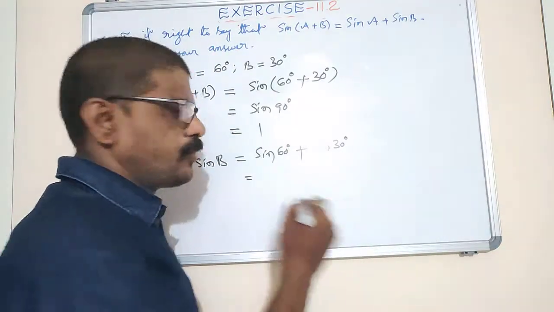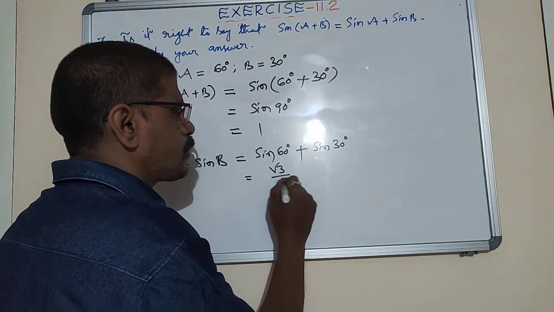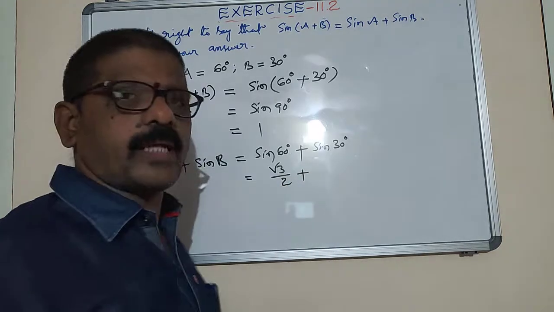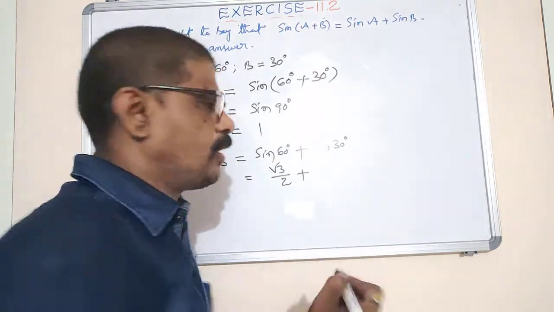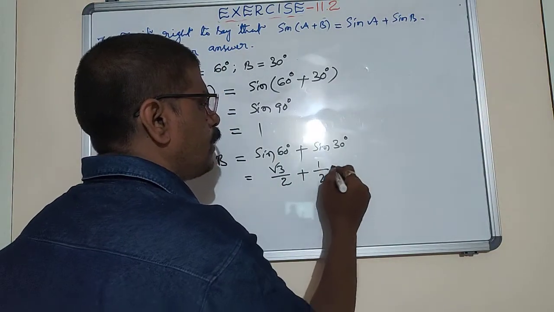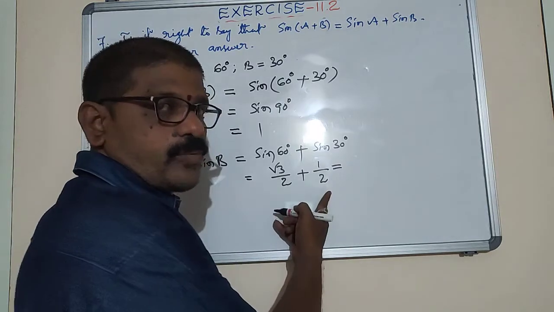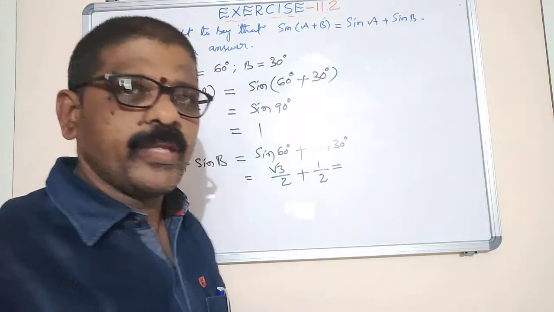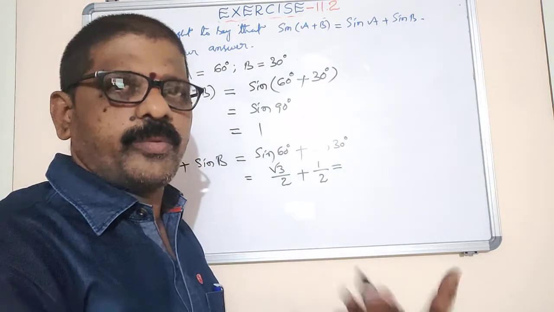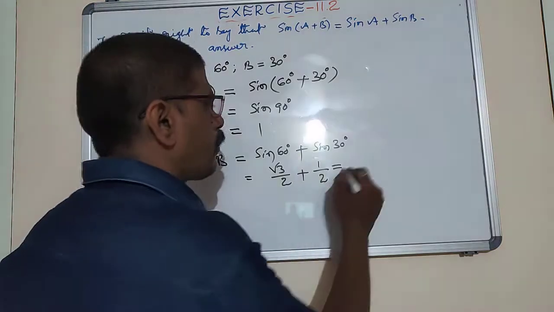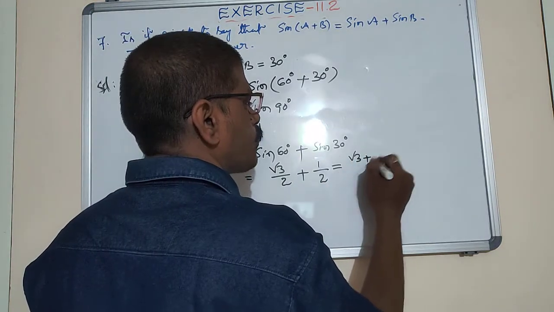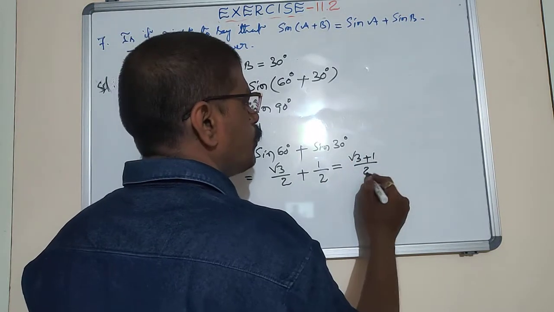Root 3 by 2. Now root 3 by 2 plus the value of sin 30, which is 1 by 2. These are like fractions. Why? Because the denominators are equal, so the numerators should be added. Now we can write (root 3 plus 1) whole by 2.